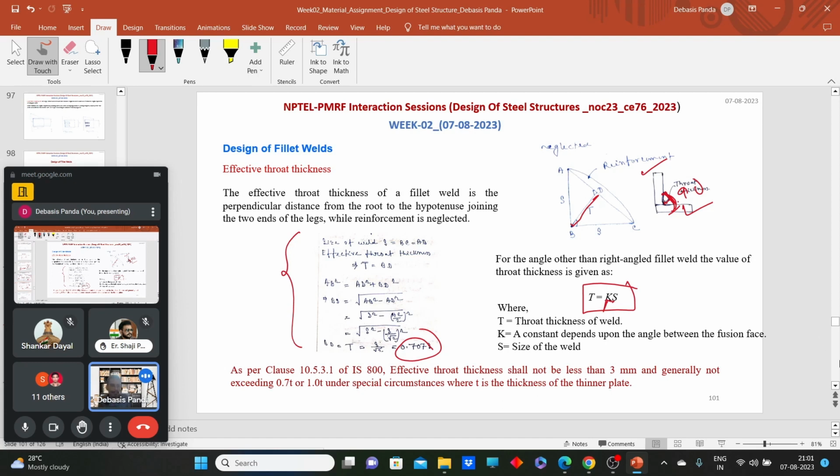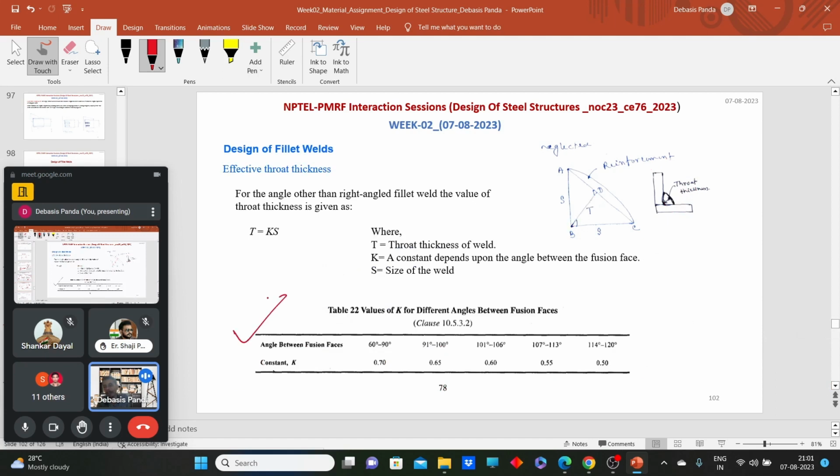For this also our code says, here we have a table where these K values are provided based on the angle between the fusion faces. So 60 to 90 is 0.7 and so on. If you know the size of the weld and the angle between the fusion faces, you can calculate the throat thickness.